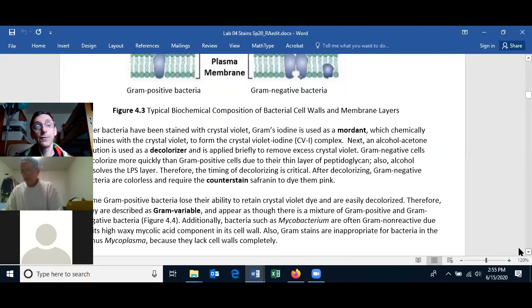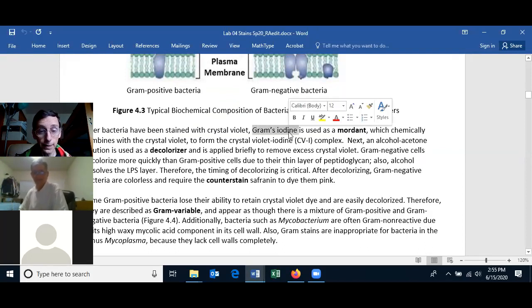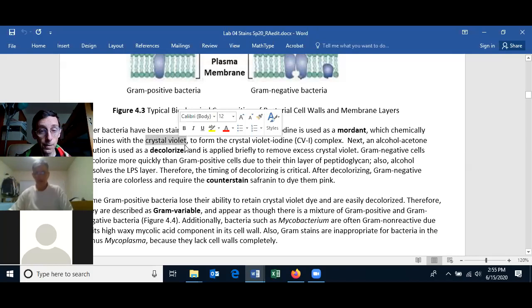All right, so you first stain the cells with crystal violet. That's the primary stain, and all the cells will stain purple. You then add Gram's iodine, which is a stain, but we're not using it as a stain. We're using it as a mordant. The iodine complexes with the crystal violet, making a larger molecule than the crystal violet alone.